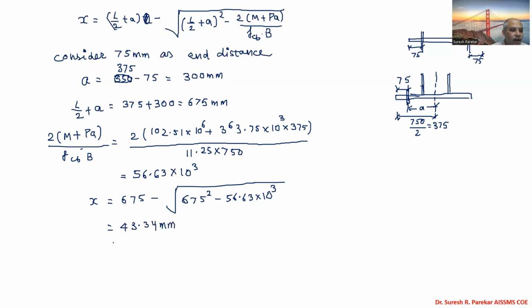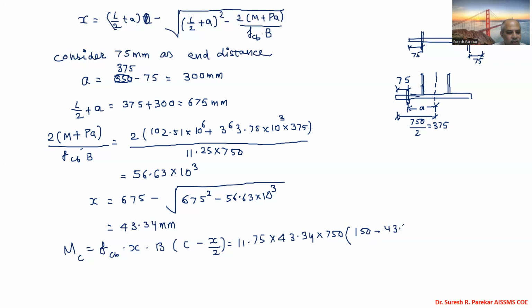Now from this we will get value of MC, that is equal to FCB into X into B into C minus X by 2. And we will get 11.25 into 43.34 into 750 in bracket 150 minus 43.34 upon 2.